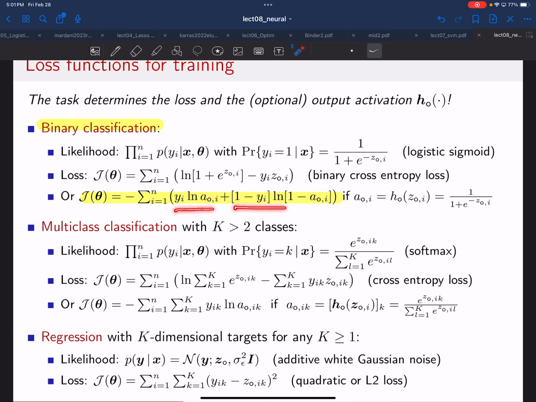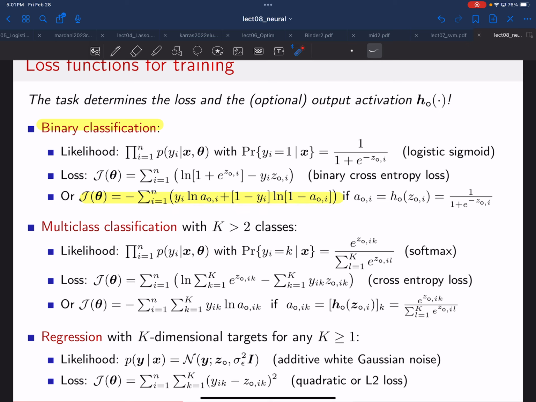And this is actually close to what's called cross entropy in information theory. It has the form of cross entropy, and this is where the name comes from. It was not obvious before why this is called cross entropy, but if you rewrite the loss in terms of the sigmoid outputs, then it looks like cross entropy.